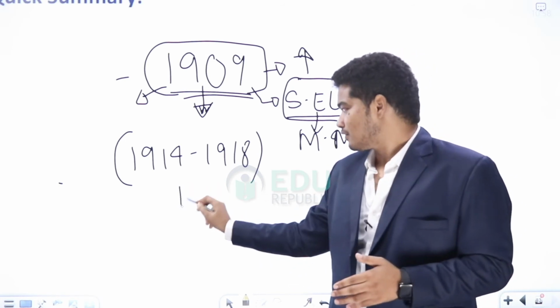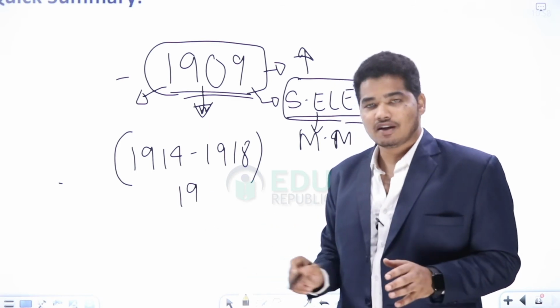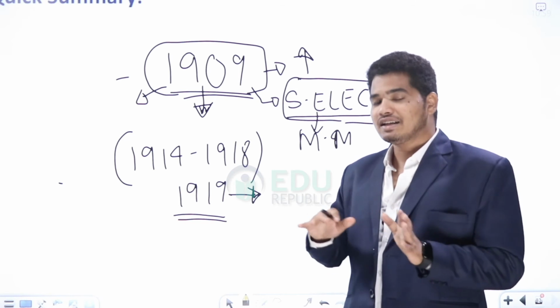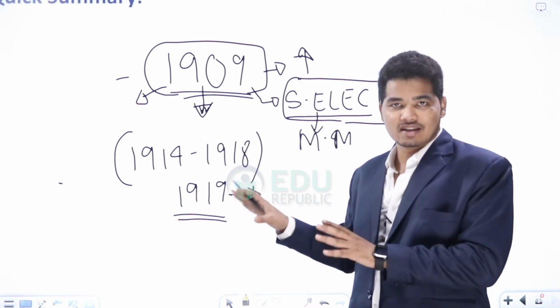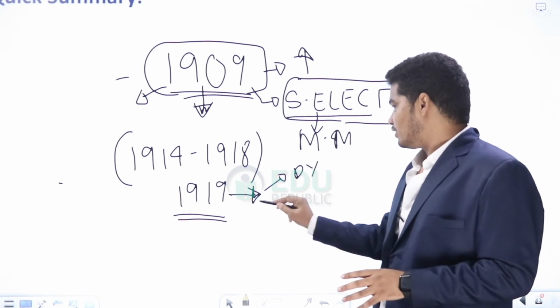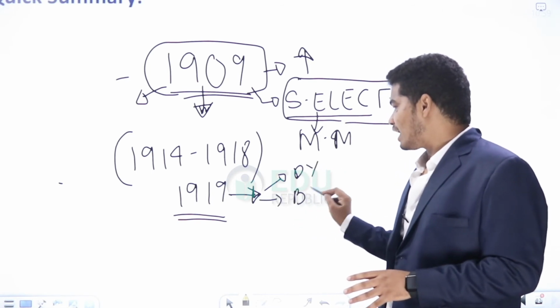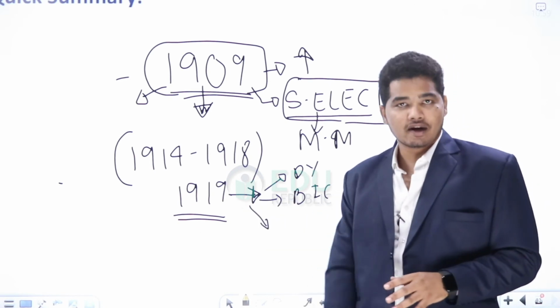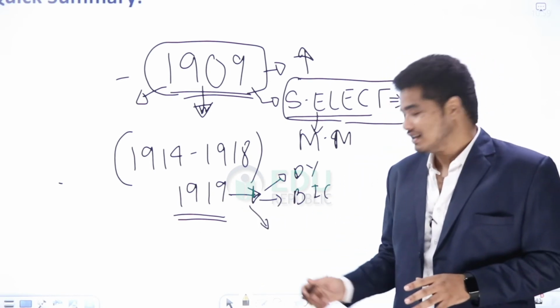For this, the August Declaration was passed, and the Act of 1919. We talk about diarchy, bicameralism, and also the extension of separate electorate in this act.